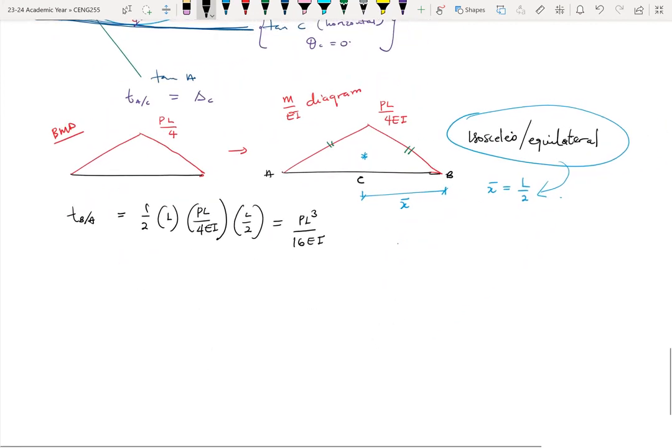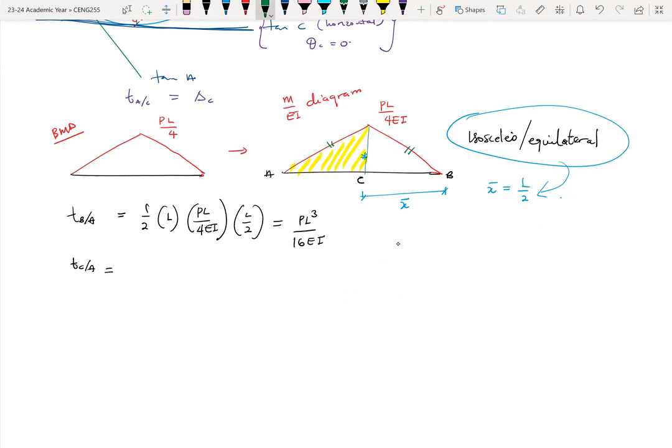Now let's find TCA. With TCA, our focus will be on this portion, with summation of moment about C. So I can just redraw this over here.